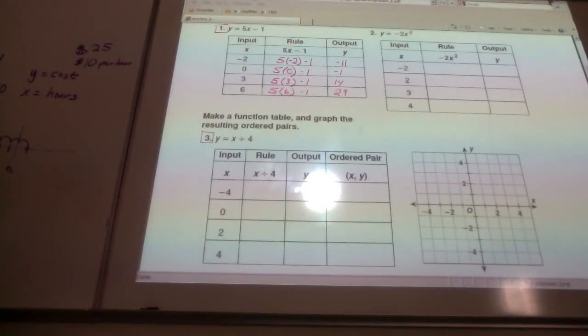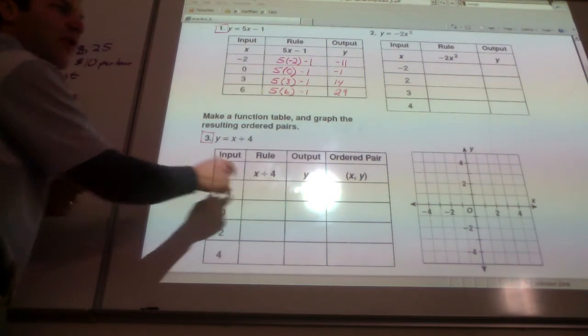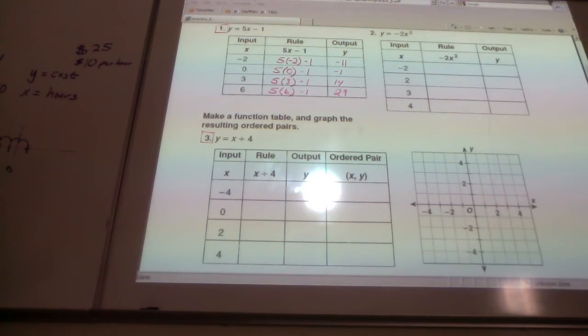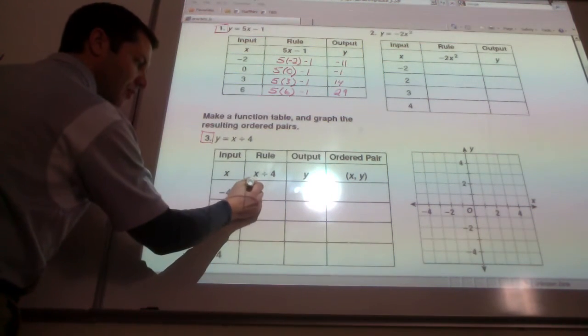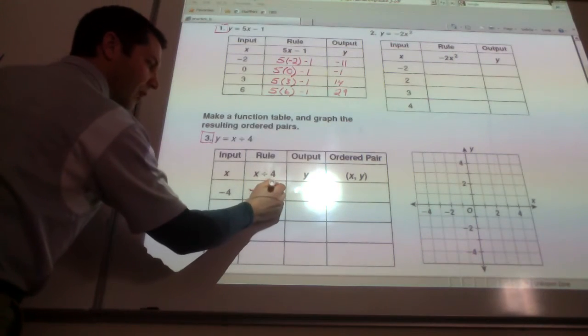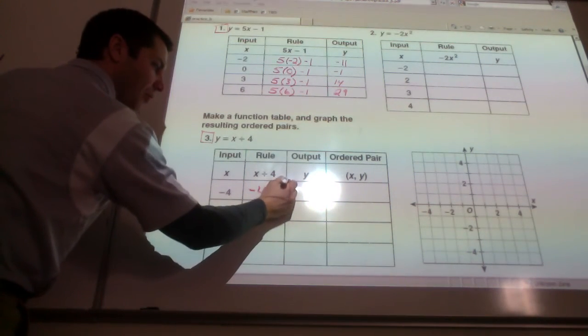So we're going to, again, put in our value. What should we have for this very first one? When we put in -4 into this problem, what should it look like? -4 divided by -4.